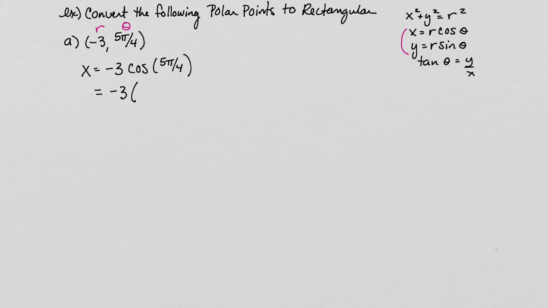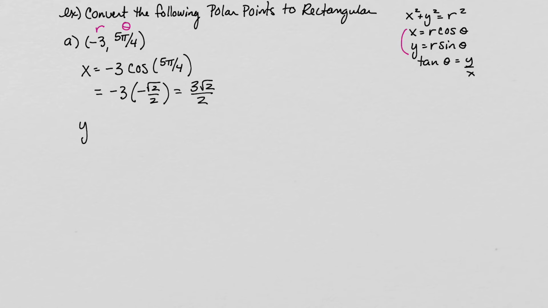Close. It's not quite root 2 over 2, but it's close. It's got root 2 over 2 in it. Yeah, it's minus root 2 over 2. So minus 3 times minus root 2 over 2. So we end up with 3 root 2 over 2.